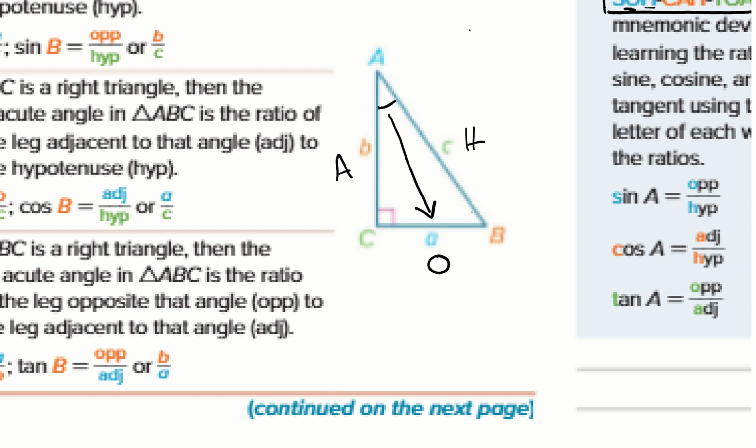For the sine of angle A, it's this side divided by this side. For the cosine of angle A, it's this side divided by that side, CAH, right? And for the tangent of A, it's opposite over adjacent, TOA. So that's kind of how it works.